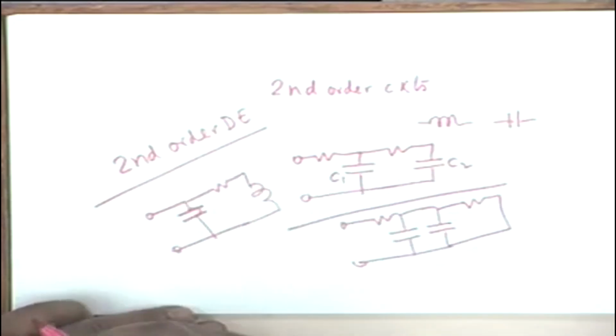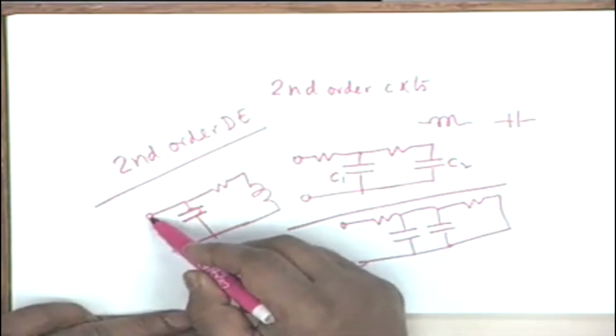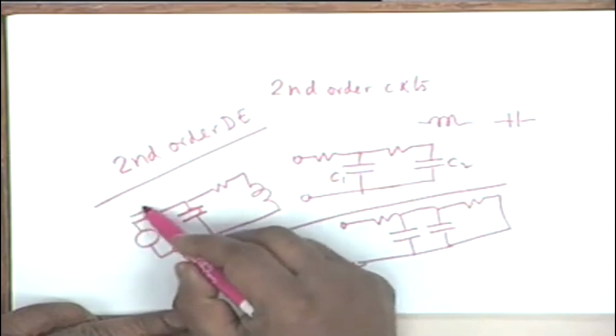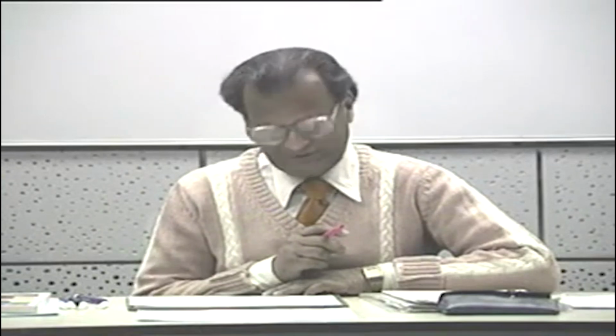This is a second order circuit, but when you are determining the current response to an excitation from here, all right, it becomes a first order circuit. Is that clear?